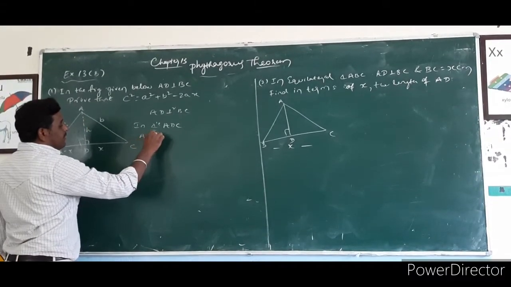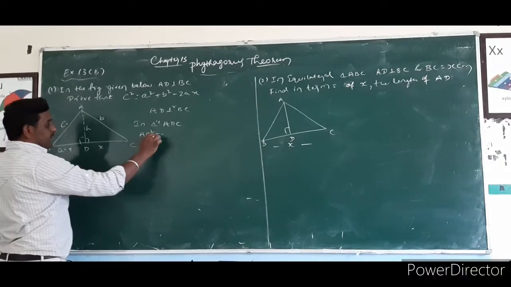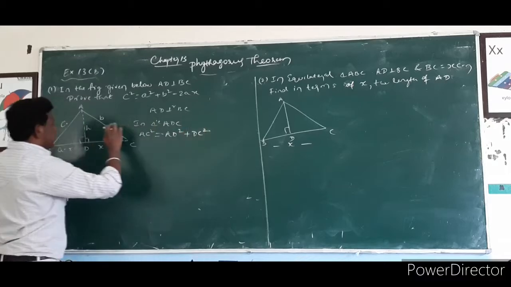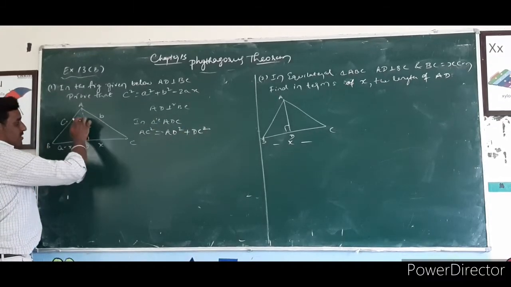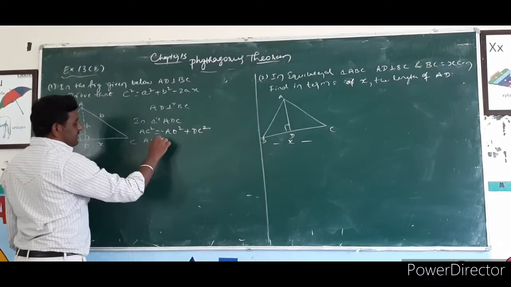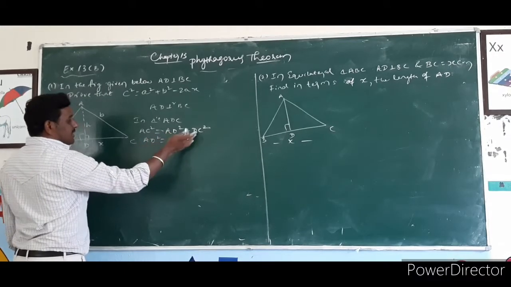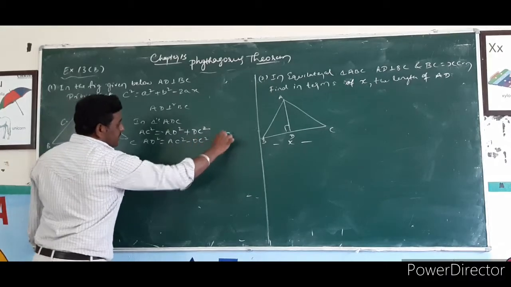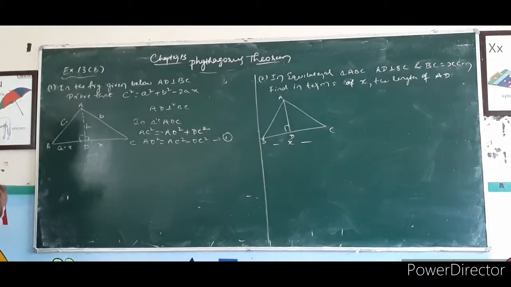AC square is equal to AD square plus DC square. Right angle: hypotenuse square is the sum of the other two sides square. Shift DC square to this side: AD square is equal to AC square minus DC square. This is equation number 1.